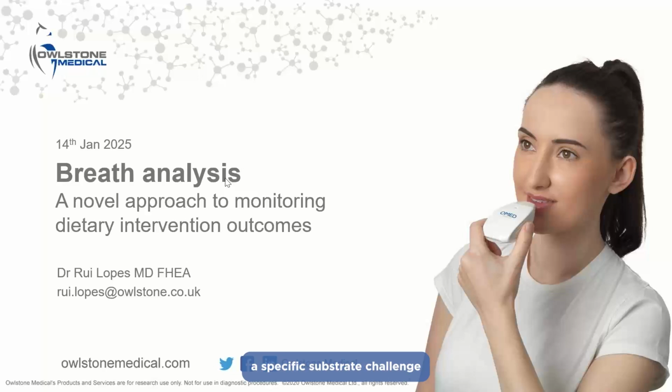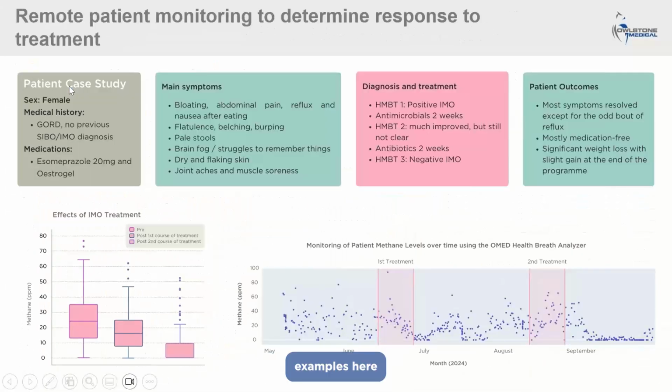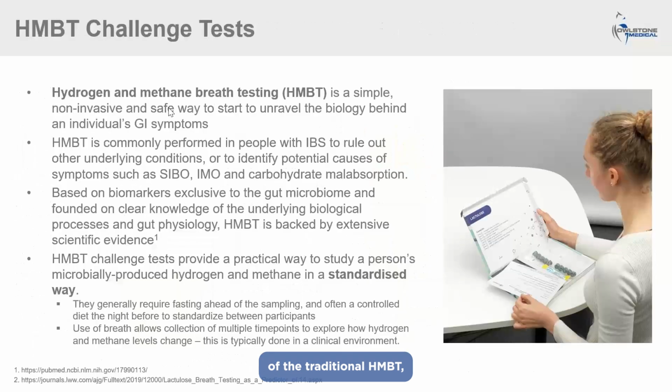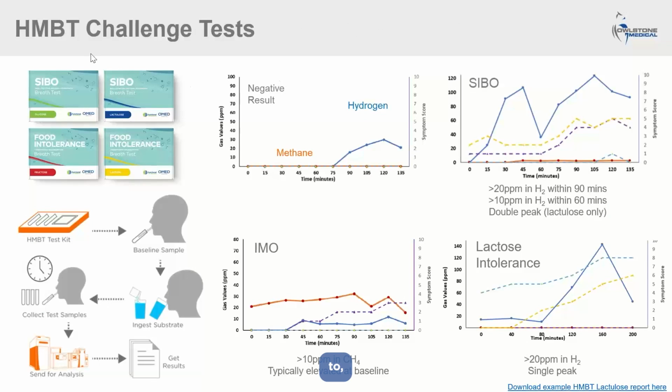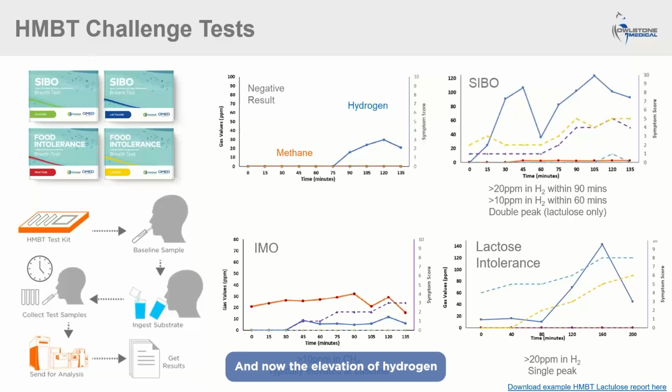For example, if you're analyzing a specific substrate challenge for carbohydrate malabsorption, if I go back to the slides I had in the beginning, you can see examples of the traditional HMBT results in response to a lactose intolerance test, or, for example, in the context of SIBO, small intestinal bacterial overgrowth, where due to the population of bacteria in the small intestine, there'll be an early elevation of hydrogen in these patients.